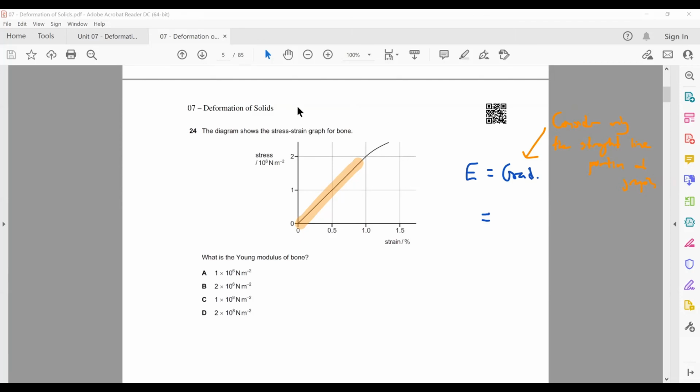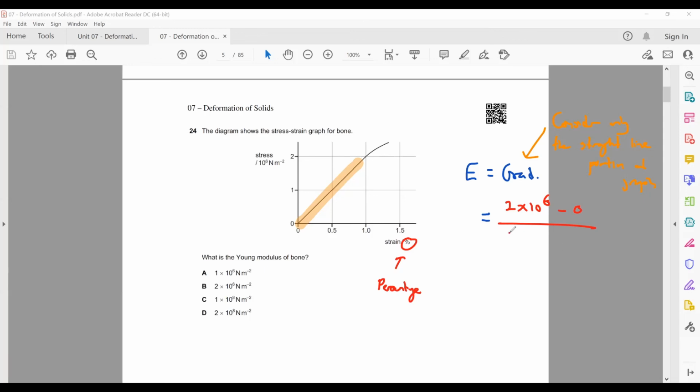So this one, your stress versus strain, your gradient would be 2 times 10 power 6 minus 0. And then this one will be, okay, bear in mind this is already in percentage. You need to change it to number. You need to get rid of the percentage.